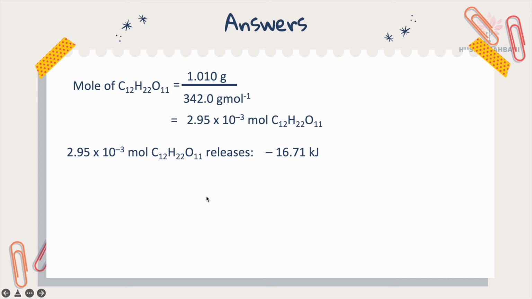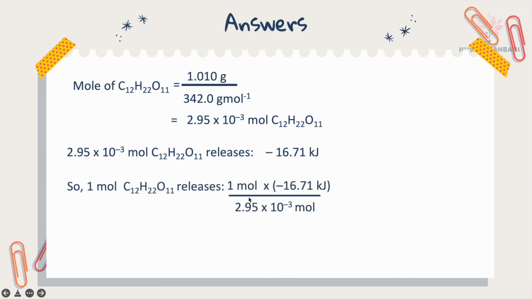We need to calculate the heat of combustion. Heat of combustion means you need it for 1 mole. If this amount of mole releases this amount of heat, then for 1 mole, it will release about negative 5664 kilojoule per mole.